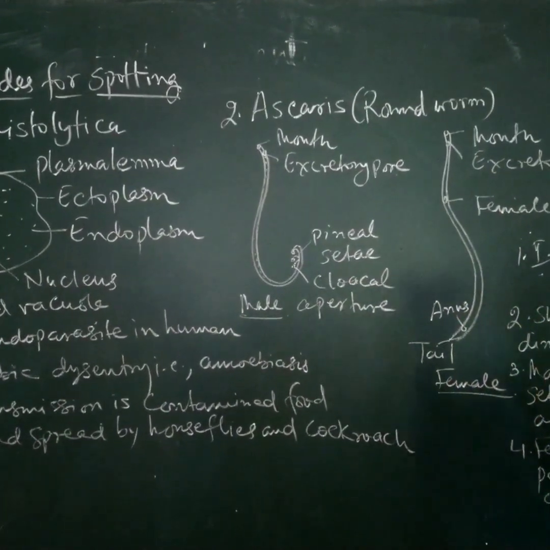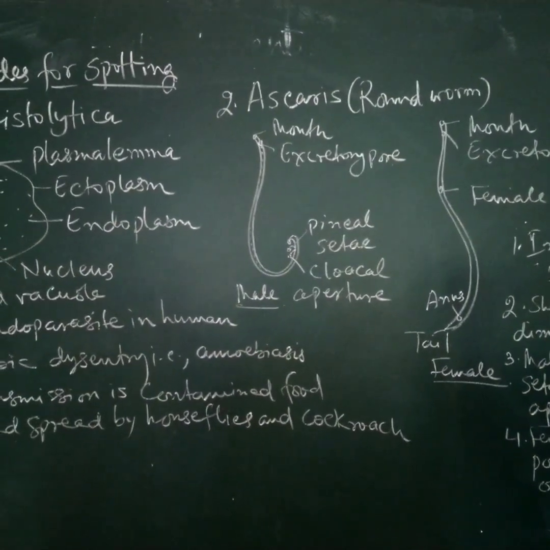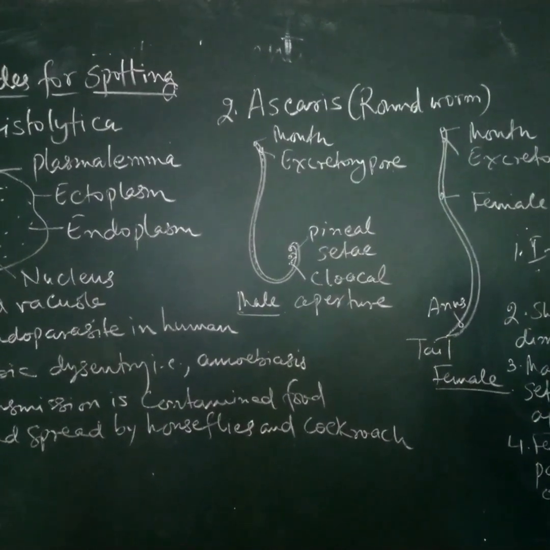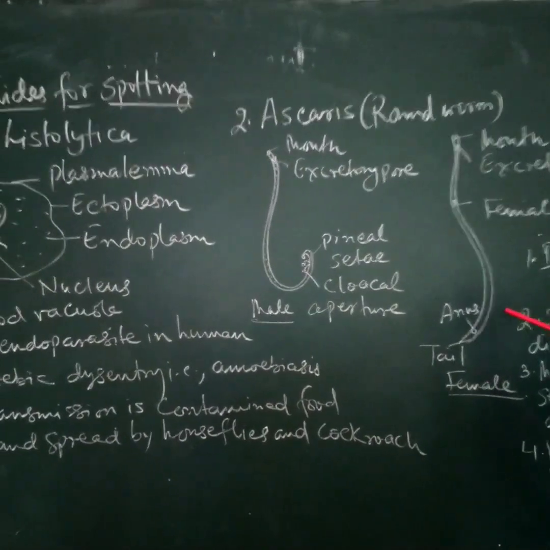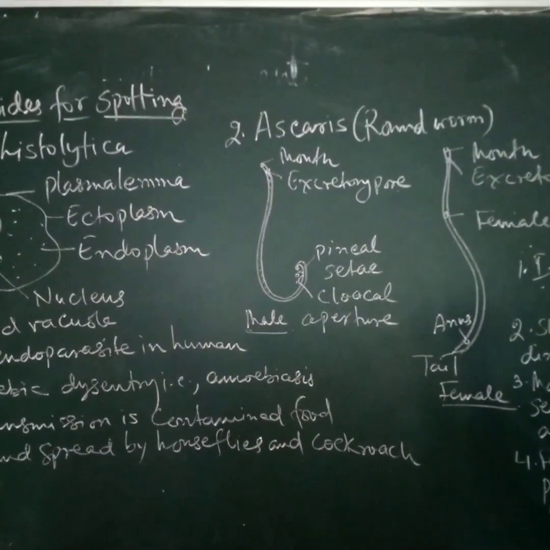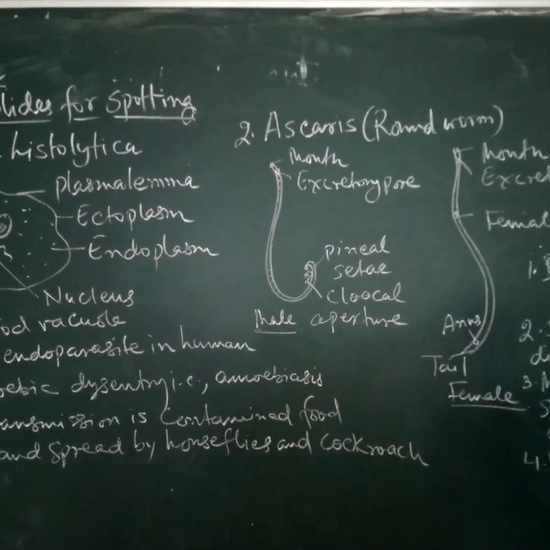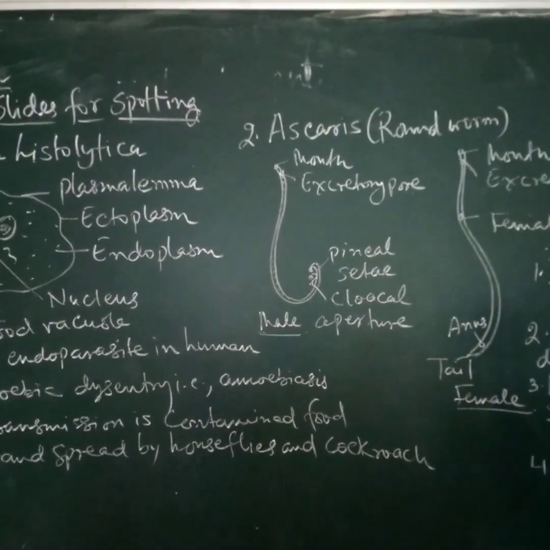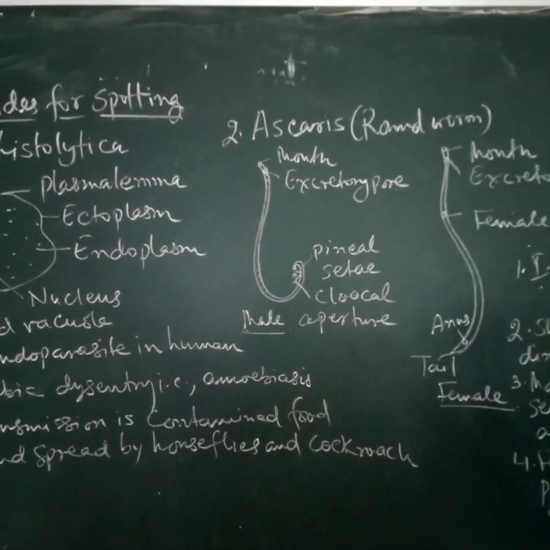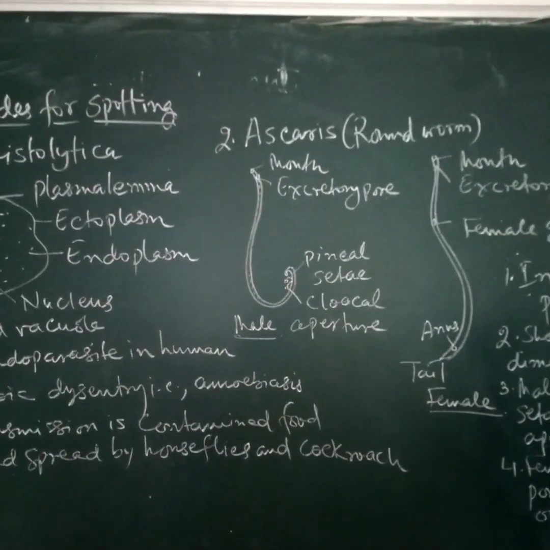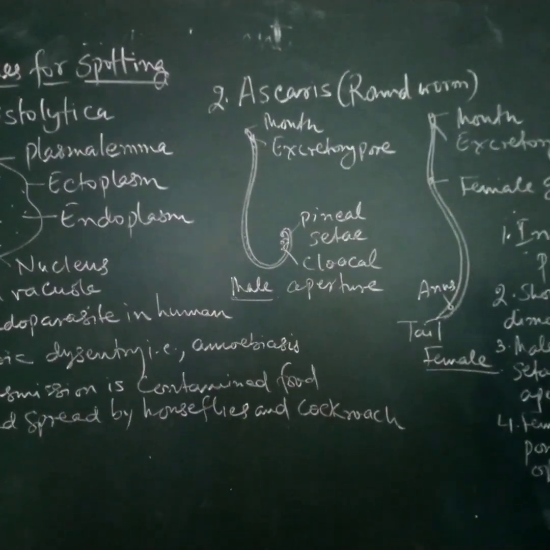Now what is the problem? Here you have to study the disease caused in the human being. This roundworm infection causes ascariasis, because this is an intestinal parasite. They show sexual dimorphism. What is the meaning of sexual dimorphism?